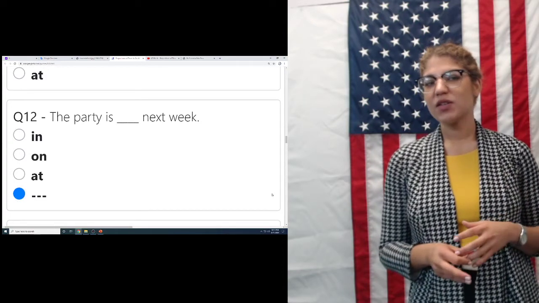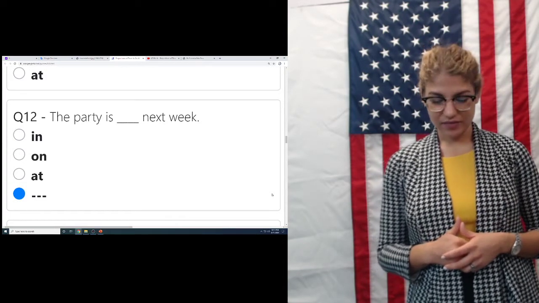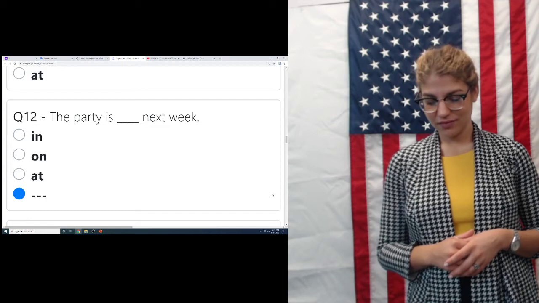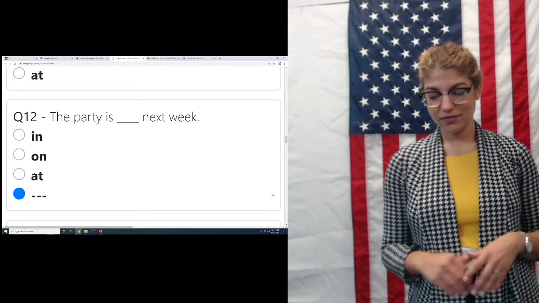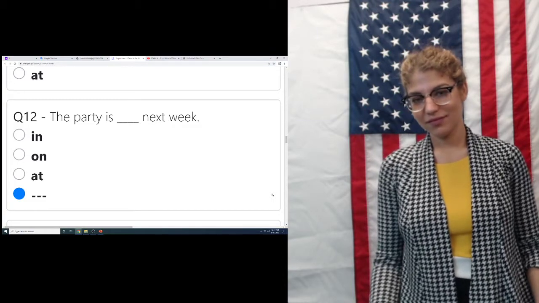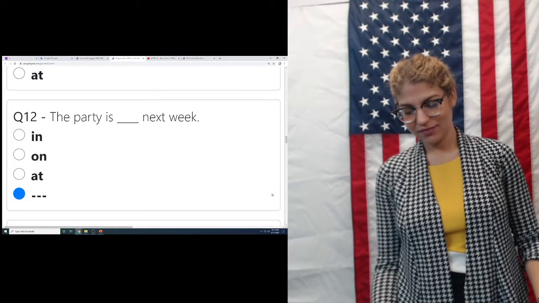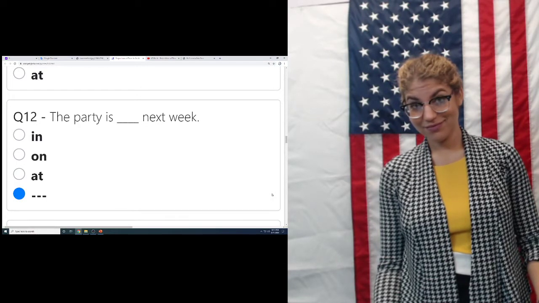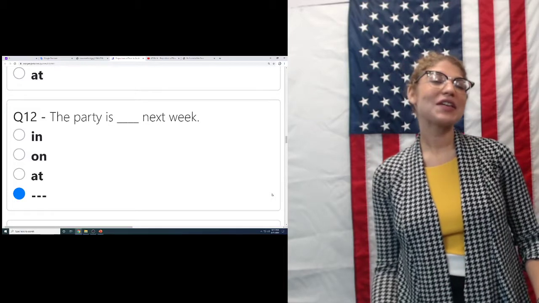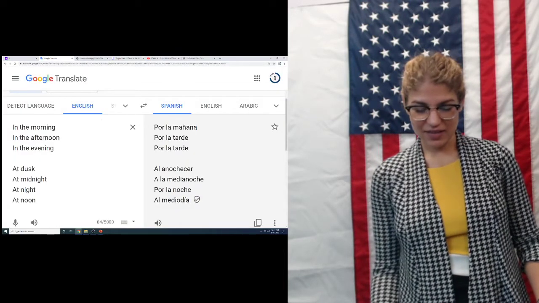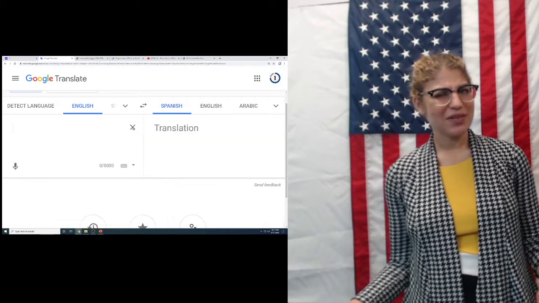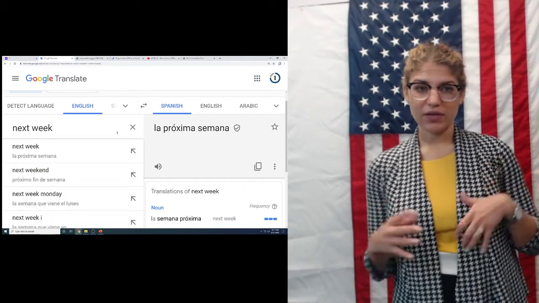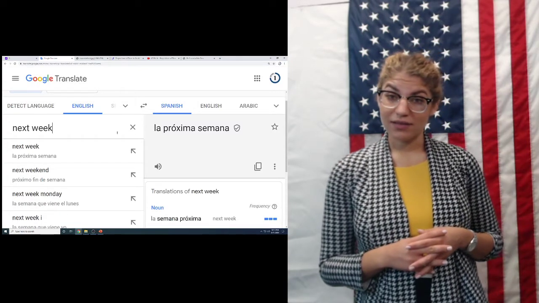Why? Because what does the word next mean? Let's go to our Google Translate and let's see some examples. Why do we put nothing when we have the word next? Week is a general amount of time. Why don't we say in?